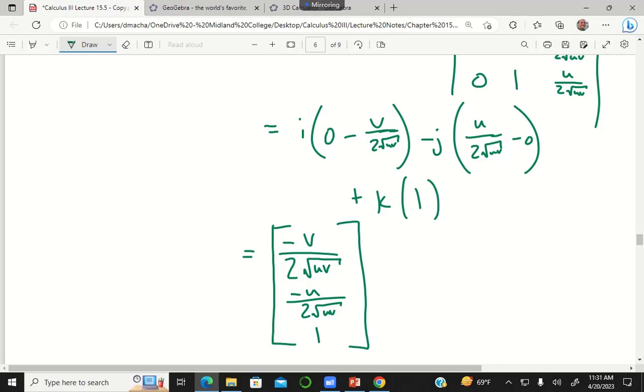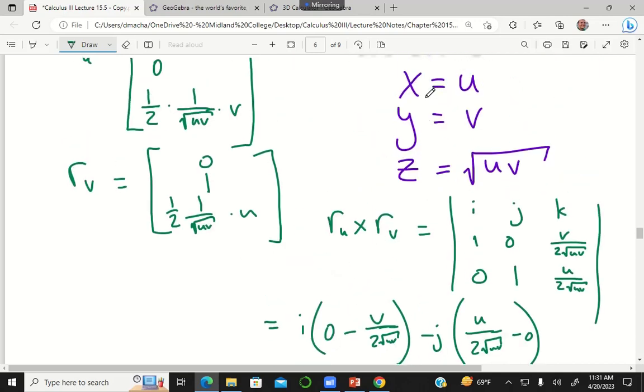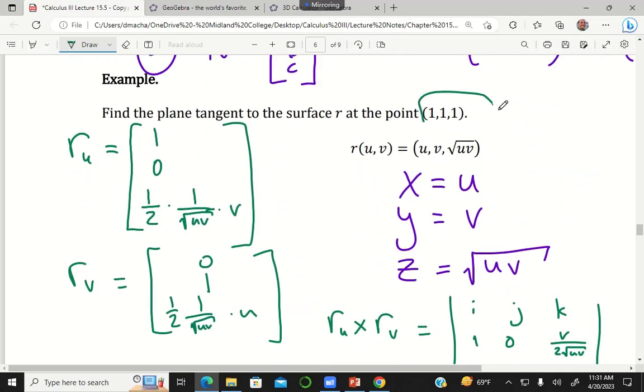So if somebody is like, find me a normal vector, specifically at the point where x equals 1, y equals 1, and z equals 1, right? 1, 1, 1, that's actually x, y, and z coordinates, not u and v coordinates. Well, it's actually really, really easy to figure out for this problem. Maybe other problems aren't going to be so easy.